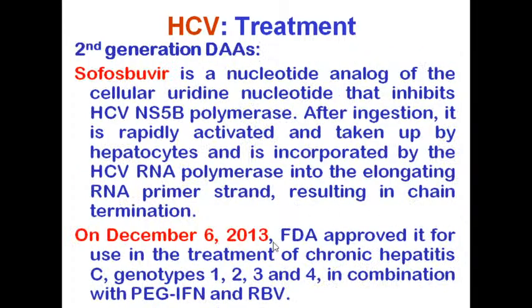And we also have the second generation of these drugs, sofosbuvir, a nucleotide analog of the cellular uridine nucleotide that inhibits the polymerase activity of non-structural 5B protein. After ingestion, this drug is rapidly activated and taken up by hepatocytes, and incorporated into the RNA polymerase, into the elongated RNA primer strand.